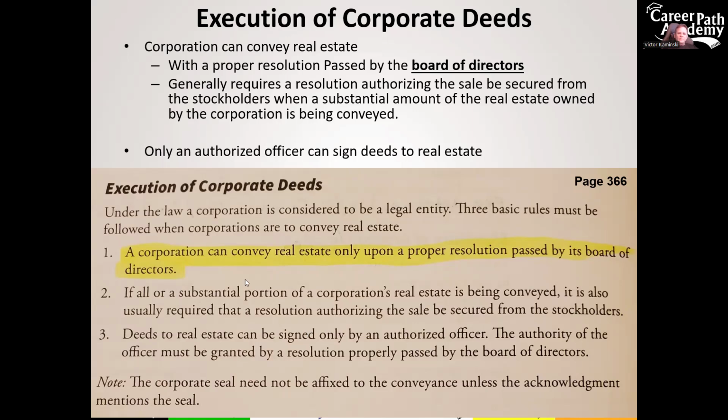Well, you need that proper resolution passed by a board of directors authorizing the sale and naming you as the authorized officer. That's important for us to know as real estate agents. You can't get a listing from somebody unless you know they're the actual owner of the property, right?